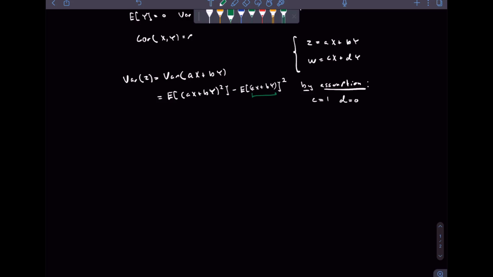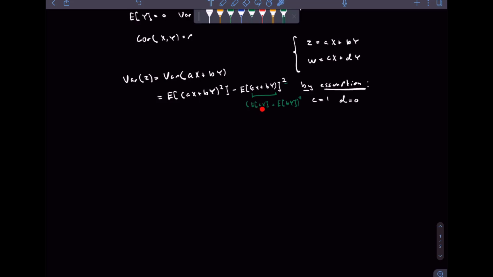Because the square is just outside of the expectation, we can use linearity, and this will become the expectation of aX plus the expectation of bY, squared.